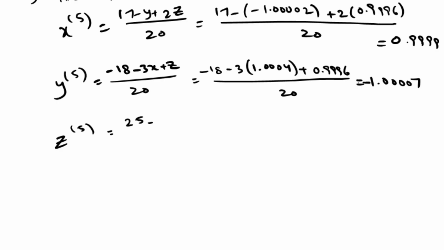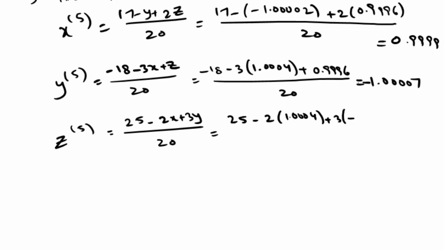And z for the fifth iteration is equal to (25 - 2x + 3y)/20, equal to 25 minus 2 into 1.0004 plus 3 into -1.402 divided by 20, equal to 0.9996.